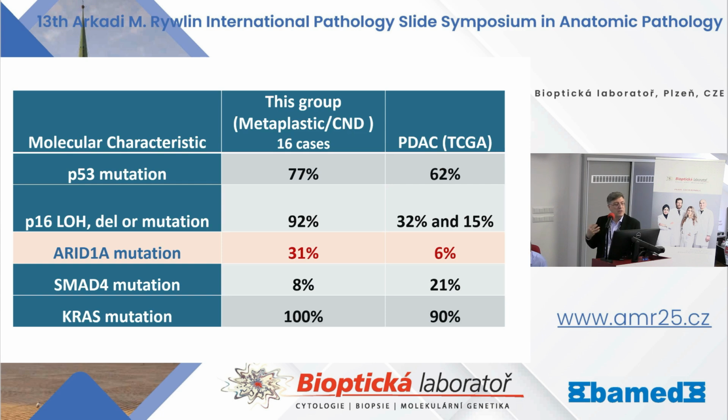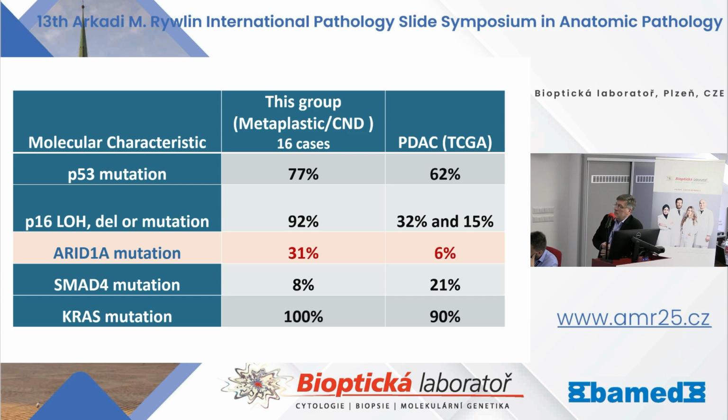So in pancreas, we are kind of helpless in terms of treatment options, but hopefully when we see this central necrotic, demarcated or metaplastic looking carcinoma, we can suggest that maybe a third, a quarter of these will have ARID1A mutation, and eventually there may be therapies involved in that group.